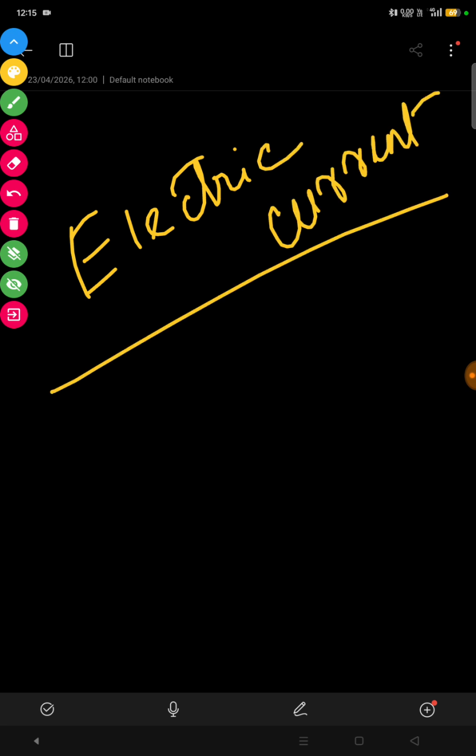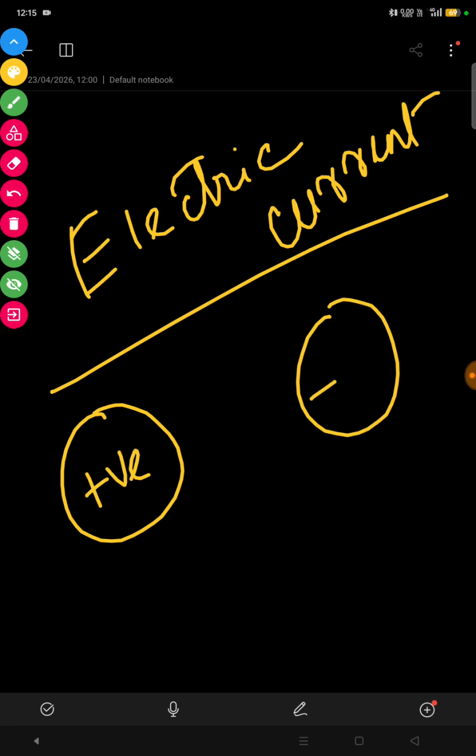When two charged bodies which are at different electric potential, suppose this one is positive and this one is negative, are connected by a metal wire, then electric charge will flow from the body which is at higher potential to the body which is at lower potential, until they both acquire the same potential.